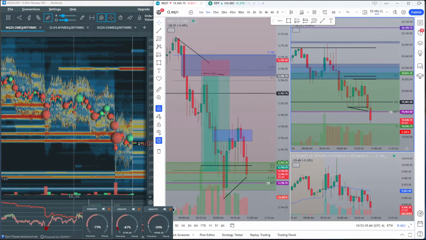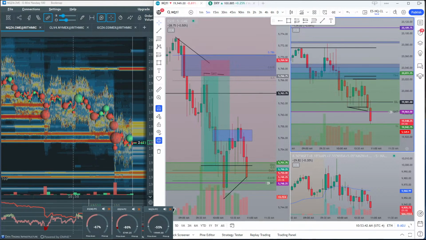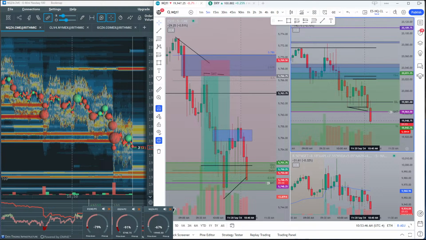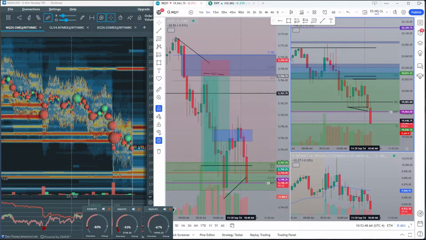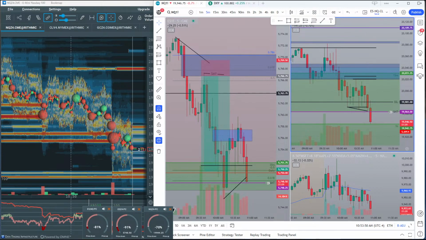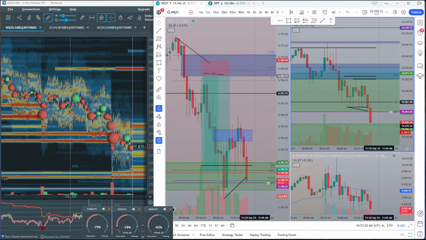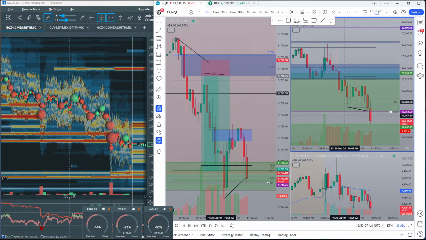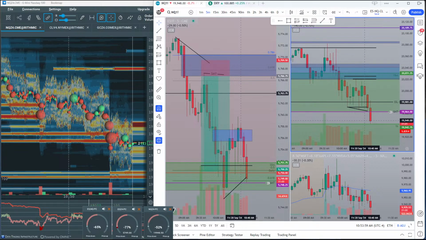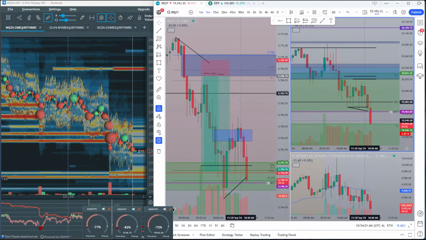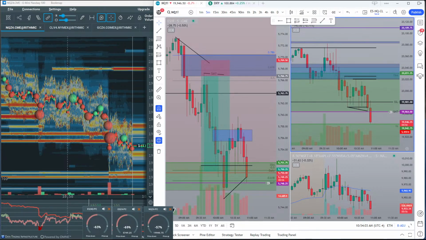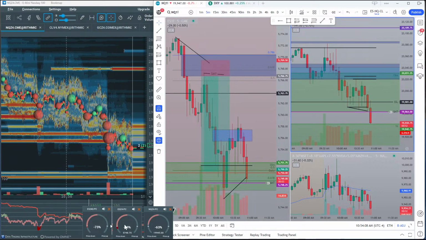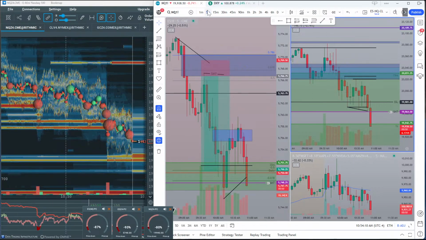But again, we hit that demand on Nasdaq. We will have to see. Still hitting that demand and trying to reverse from there. There we go. Took a little scalp on that for about 200. But small moves, small moves.